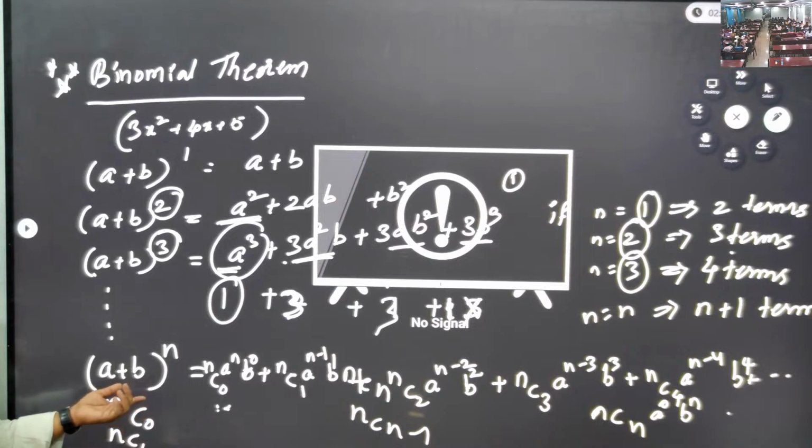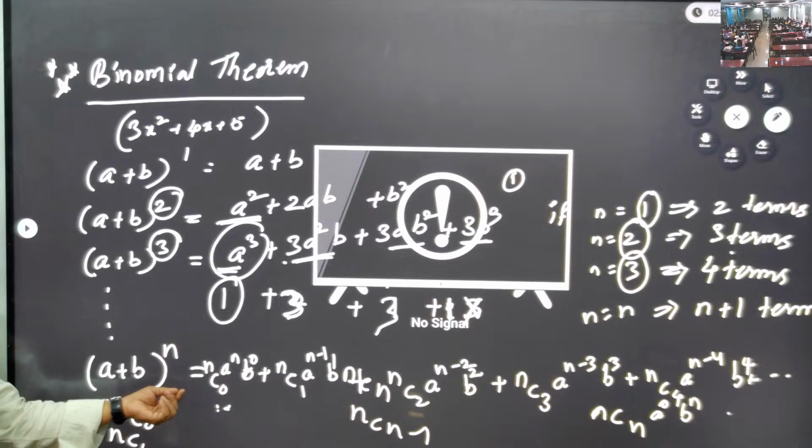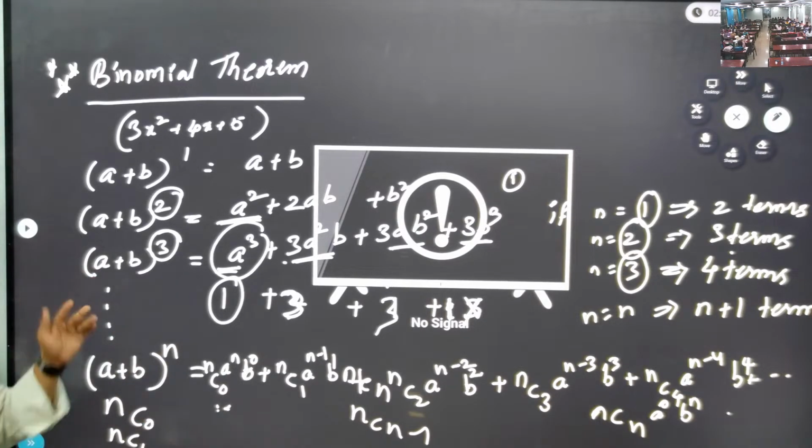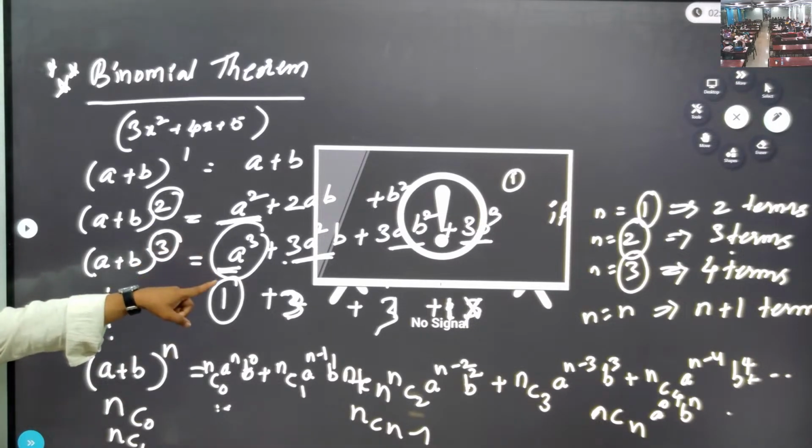So you have to go with your combinations. NC naught, starting from NC0 to NCN, we have to move. While moving we need to check with your n value, right?